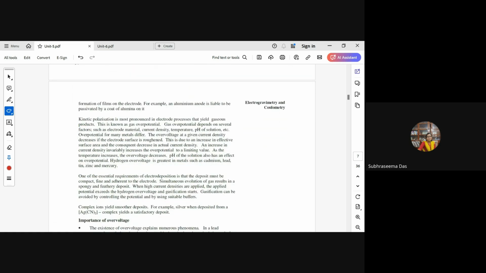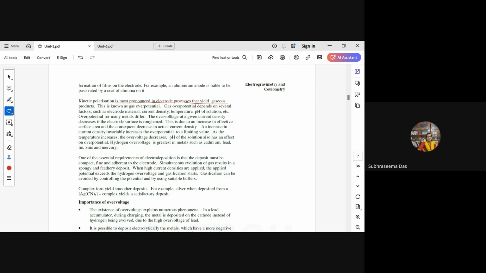Kinetic polarization is most pronounced in electrodes that involve gaseous products. This is very common when gaseous products are involved, and this is known as gas overpotential. Gas overpotential depends on several factors such as electrode material, current density, temperature, the pH of the solution, and other factors. The overpotential is also different for different types of metal, since it is highly dependent on the nature of the metal employed.